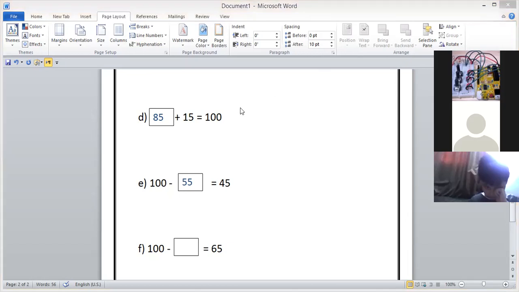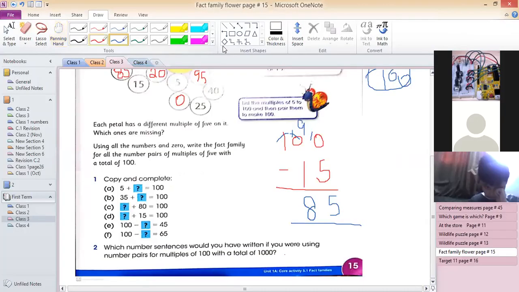All right. So guys, this is 100 minus 45. This is question D, E. This is the smaller number. This is the bigger number. So from 100, you will subtract 45.